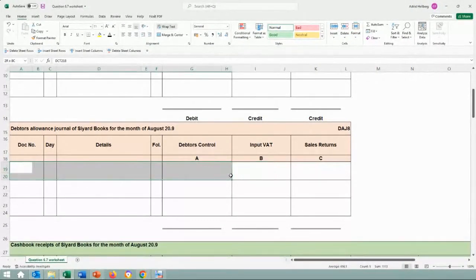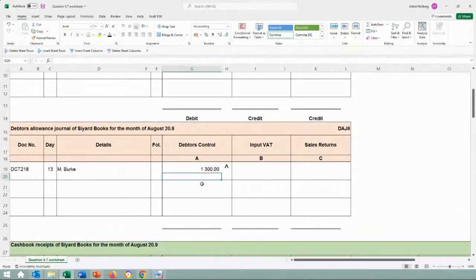So the information you would capture here first is Mberg 1,300 in the debtors control. Can you explain to me how much input VAT we will account for on this transaction? How would you calculate it? How would we calculate the input VAT? You can just type the formula in the chat function, or you can put on your mic and explain it to me.